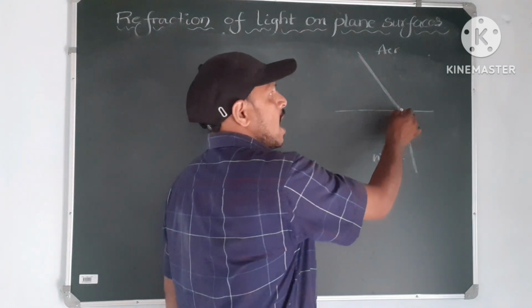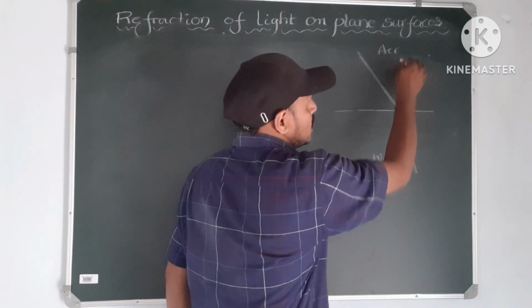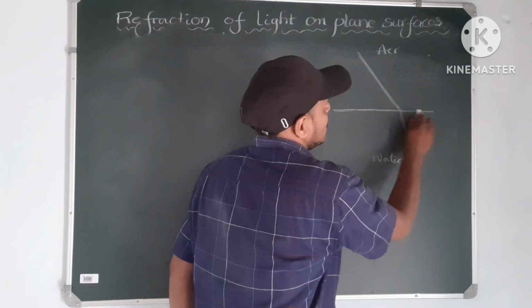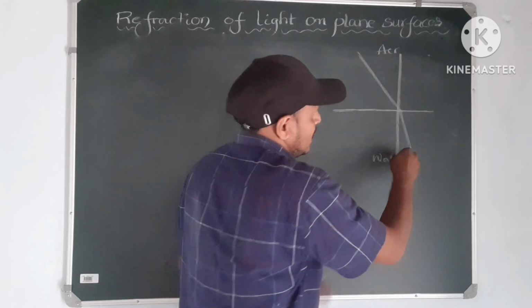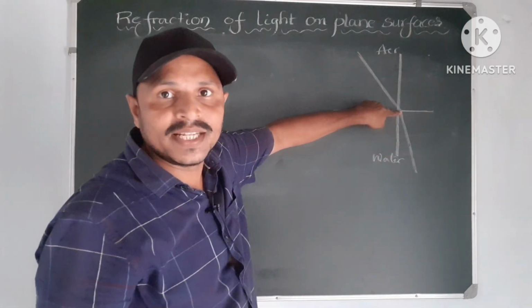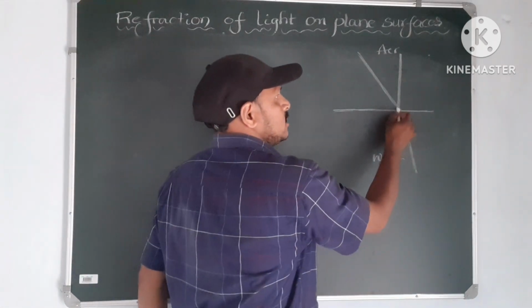So if we draw a perpendicular line to this interface at the point of incidence, this point is called the point of incidence.